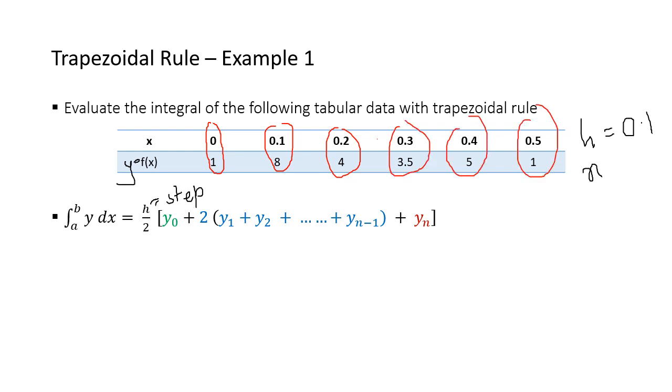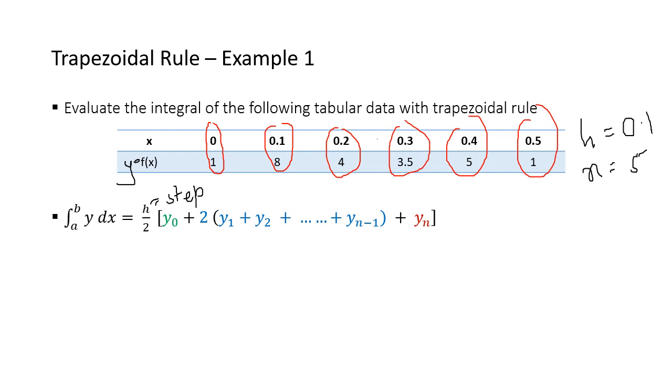So there are 6 data points given, or 6 pairs of x and y values, so we know the values of x and y for 6 different points, and hence n becomes 6 minus 1 equals 5. So for this problem, the value of h, the step size, is 0.1, and the value of n is 5.